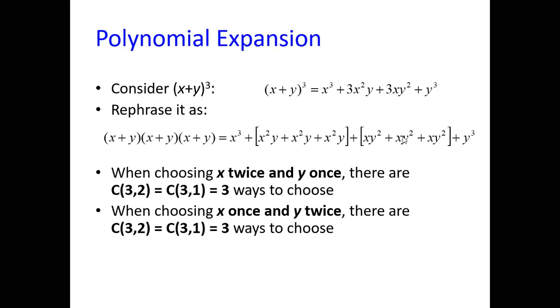Okay. I will repeat this. How do we calculate the coefficient of any term here? We look at the power of each index. Let's take this example: x squared, y power 1.